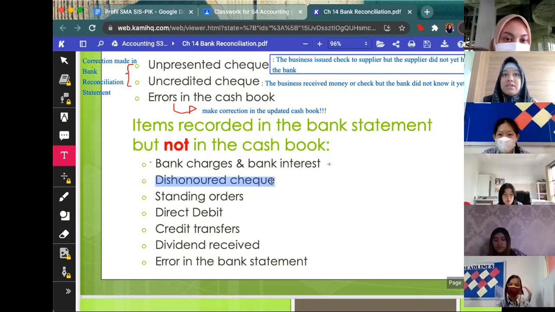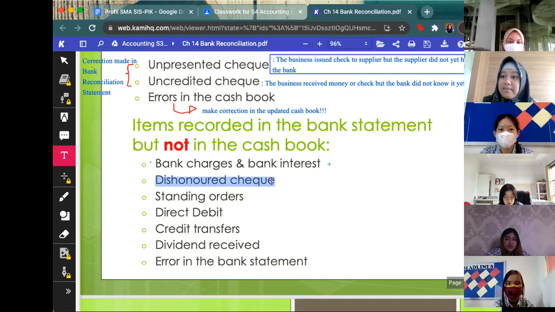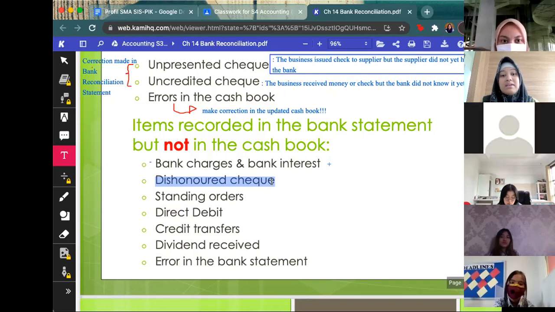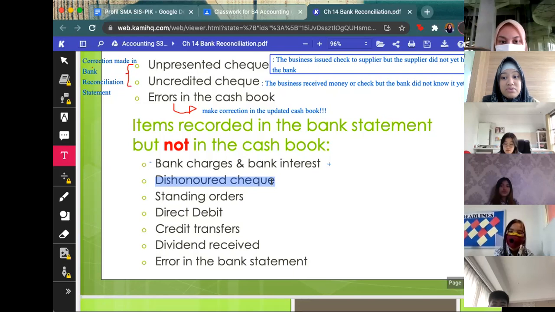Why is it rejected? Probably because the check is broken, or the signature on the check is not the same, or maybe insufficient funds. The person who wrote the check to you did not have enough money to pay you. So when you want to cash it into your account, that person did not have the money, so the bank must cancel the check.